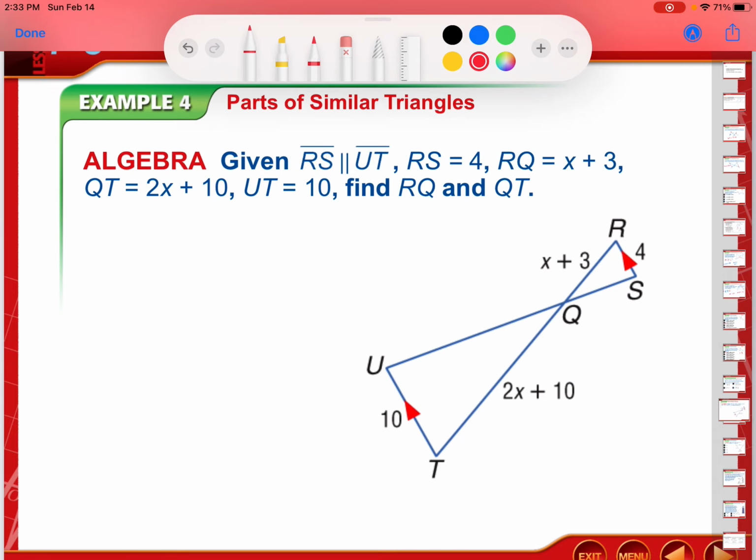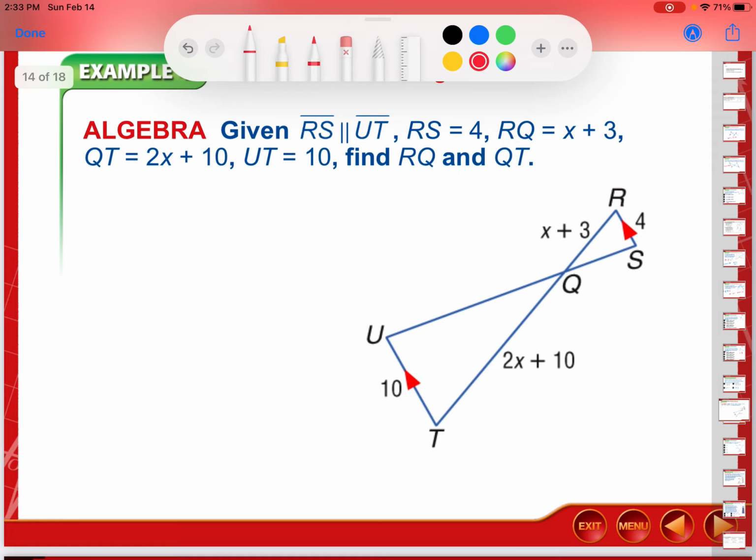All right. Continuing on. Now we get into some algebra, my favorite. So, given that RS and UT are parallel, RS is 4, UT is 10, and then these other two. Find RQ and QT. Delightful.